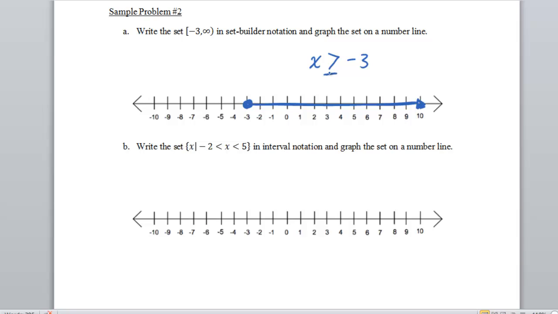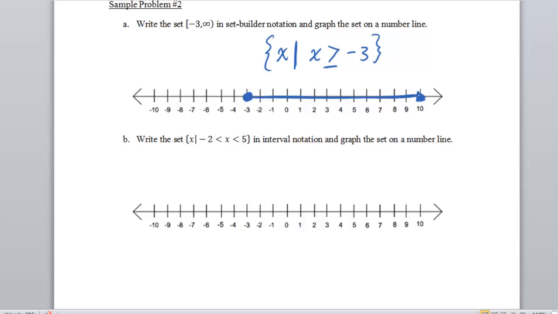And so now, to complete the set builder notation, I just have to put my little bar and my x and my little brackets. And that suggests the set of all x values such that x is greater than or equal to -3. And so that would be set builder notation for that one.